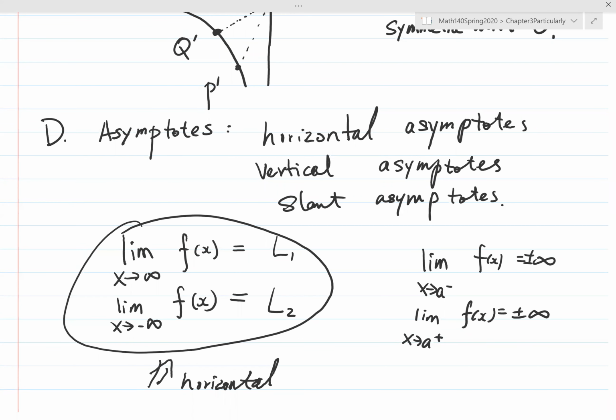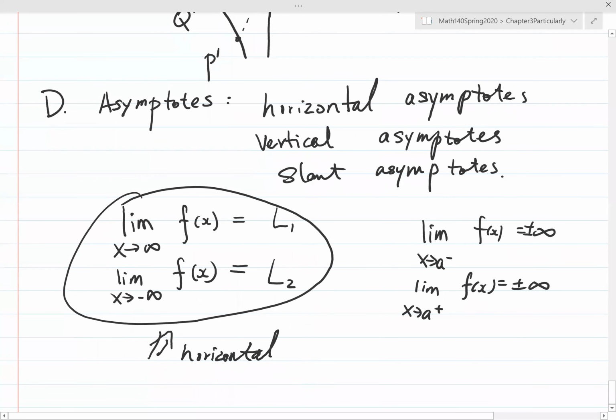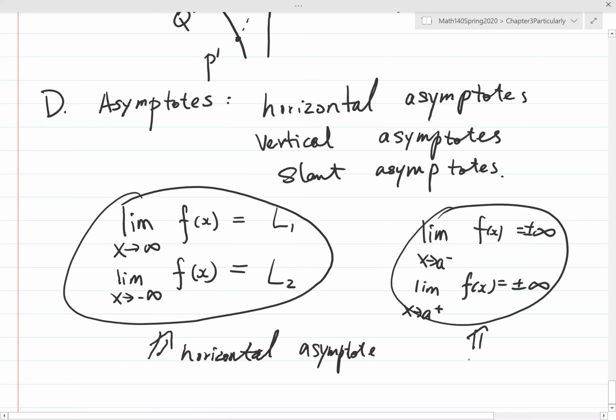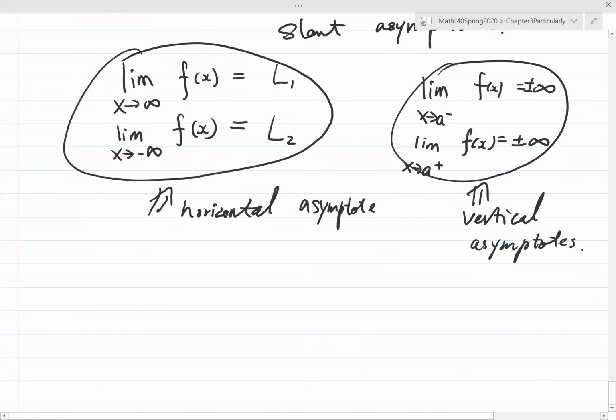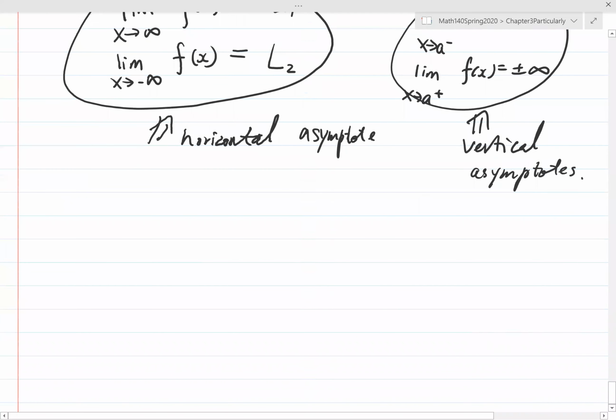It does not change, no fluctuation. So it's a horizontal asymptote. Now, the second two cases give us vertical asymptotes. The third case, slant asymptotes, we will no longer talk about. We will not give examples of that.